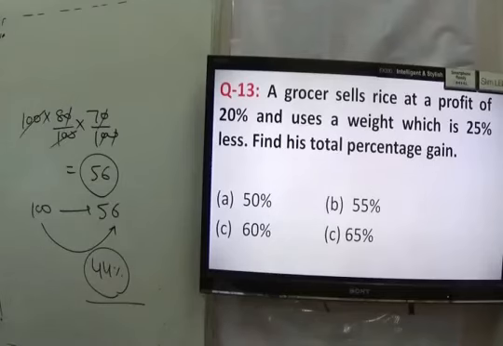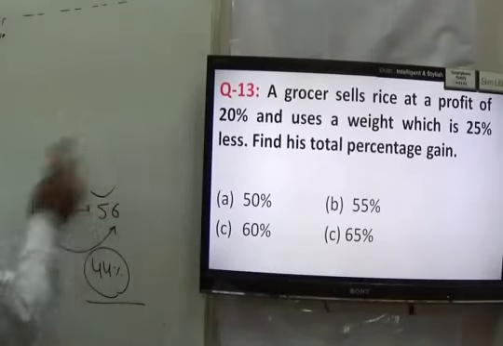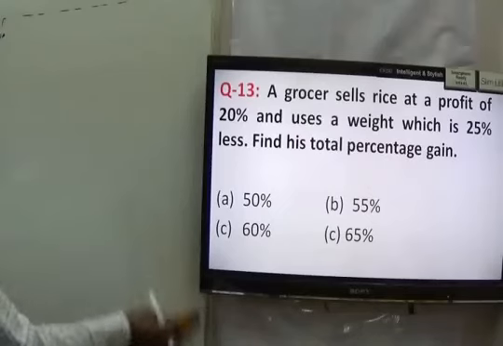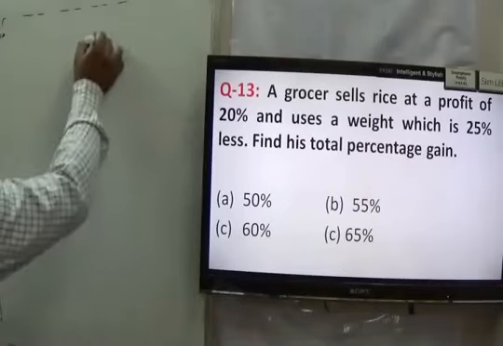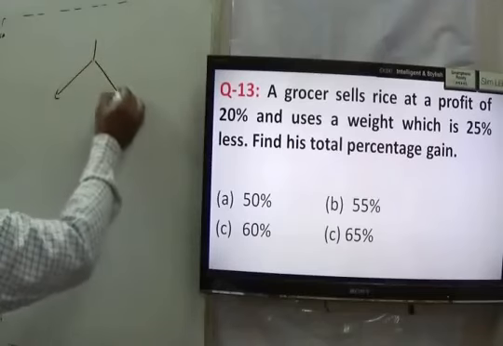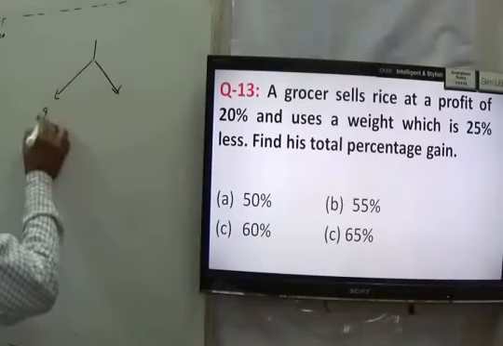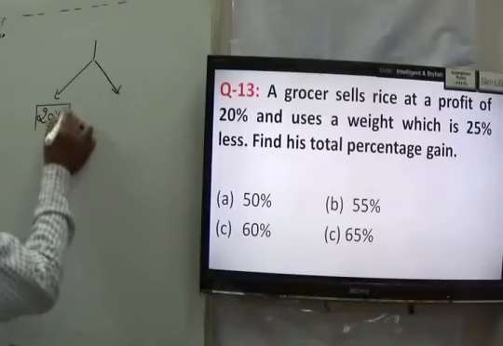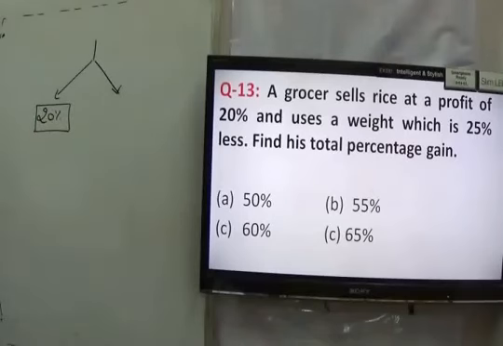The next is: a grocer sells rice at a profit of 10% and he uses a weight which is 20% less. Find the overall profit percentage. This question is based on the concept of faulty balances. Earlier I told you in faulty balances you may get a profit in two transactions. First, by increasing the price, my profit is 20%, and the second is I'm going to use a balance which is 25% less.